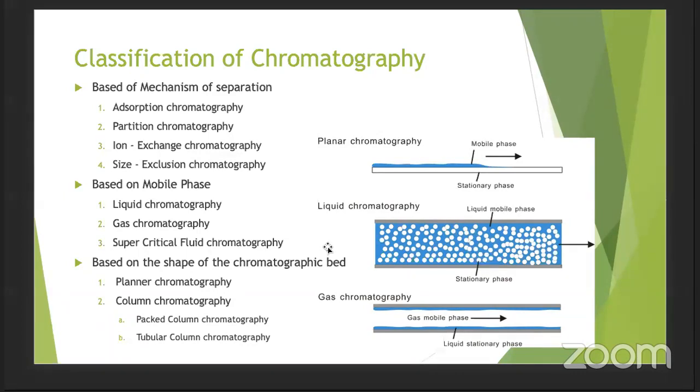Column chromatography can also be of two types: packed column chromatography and tubular column chromatography. For packed column chromatography, the examples are HPLC and affinity chromatography. For tubular column chromatography, where the column is a tube or a coil-like structure, the example would be gas chromatography.